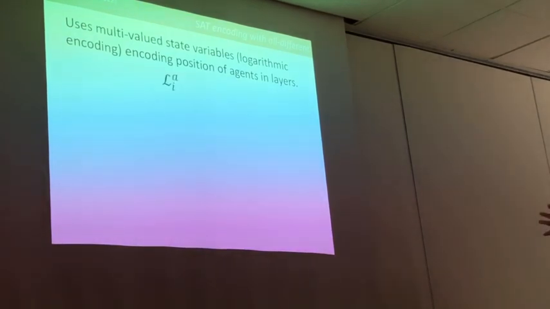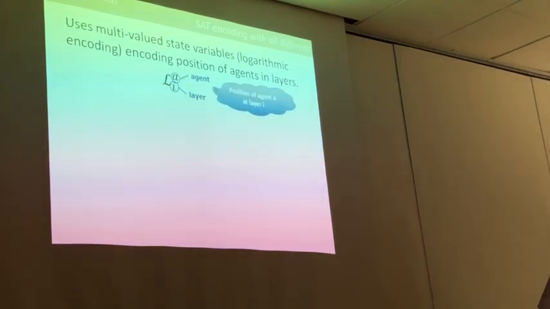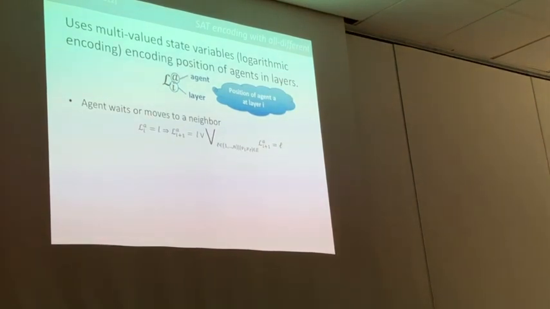So this is this variable: A is agent, I is the layer, and the value of this variable is a node where the agent A is at time I. So it's a numerical variable that needs to be translated to Boolean variables, and logarithmic encoding is used there.